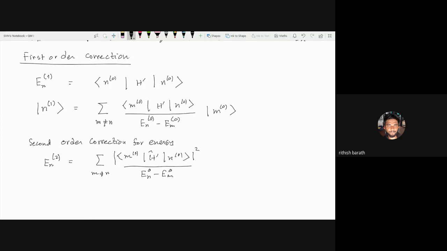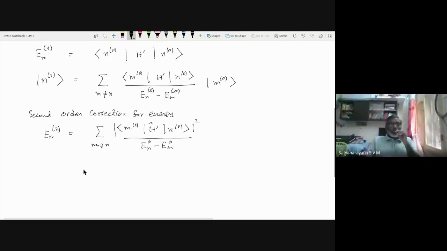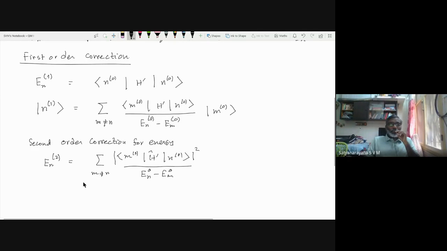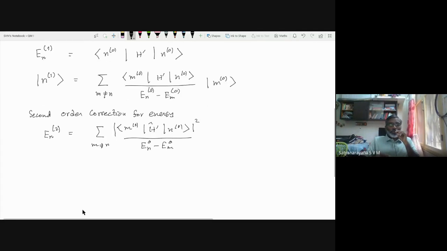We have shown this in the last class, so I'm not deriving them again. I'm just giving the expressions. If you write them on a sheet of paper, then you can use them to solve problems.